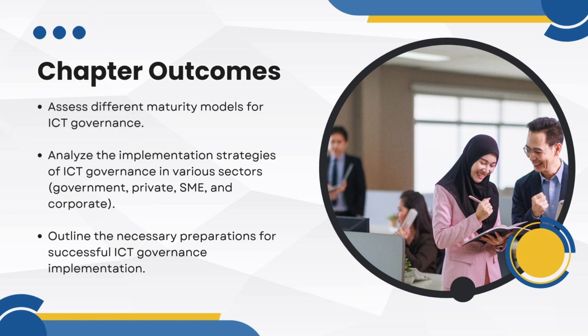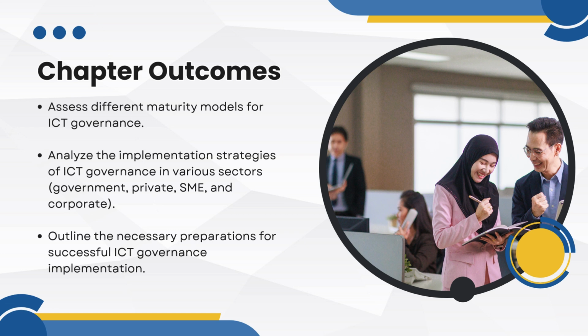Before we dive into the details, let's look at what you will learn in this chapter. By the end of this lesson, you will be able to: 1. Assess ICT governance using maturity models. 2. Analyze how ICT governance is applied in different industries. 3.